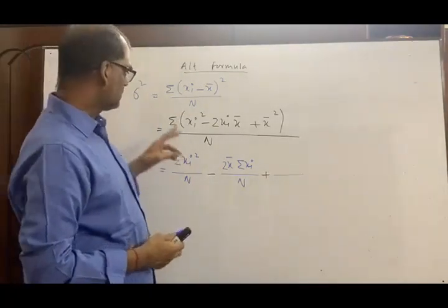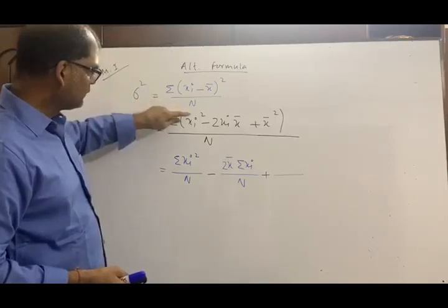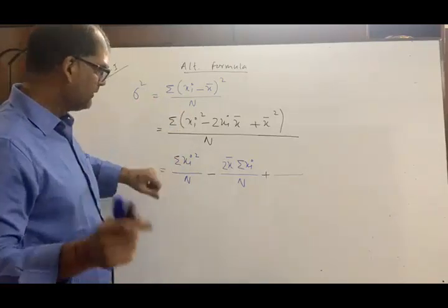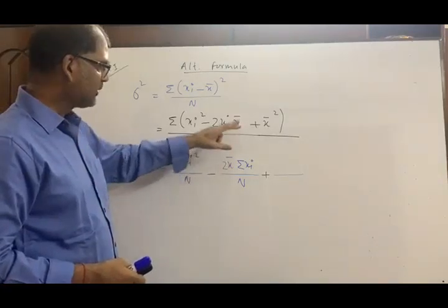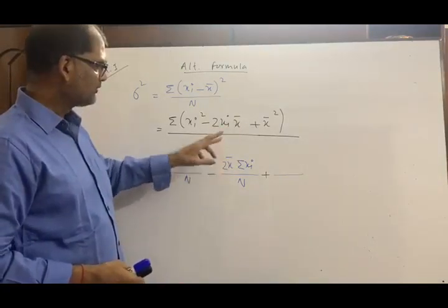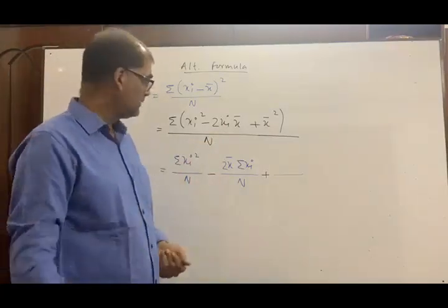Partial fraction, this into this by n. Have you seen? This into this by n. Okay, minus this is 2, this is x bar. Now summation of xi, I told you, i equals 1, 2, 3, 4 up to n.